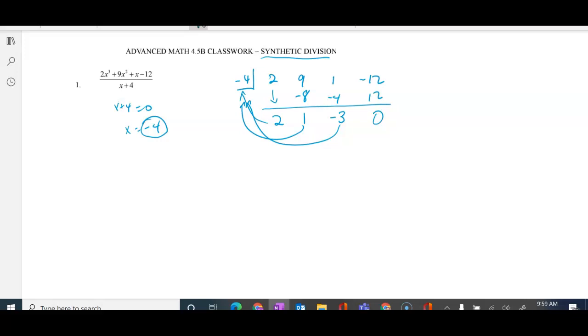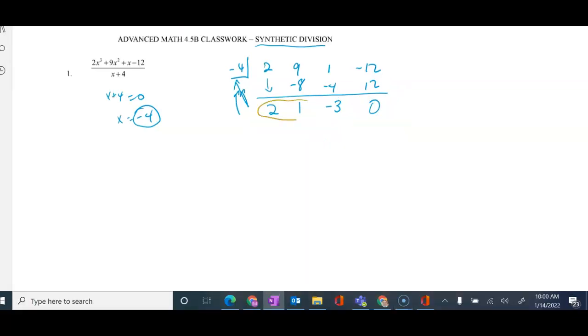So what we just found is the quotient, okay? This is the quotient, and that's the remainder.